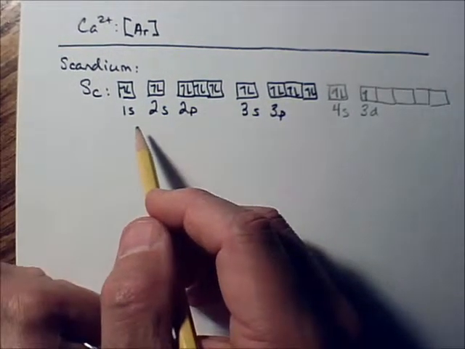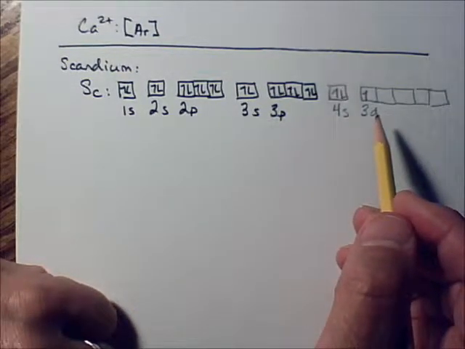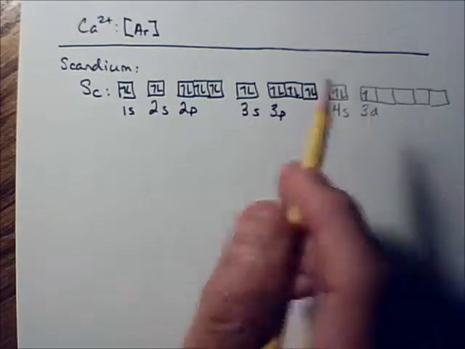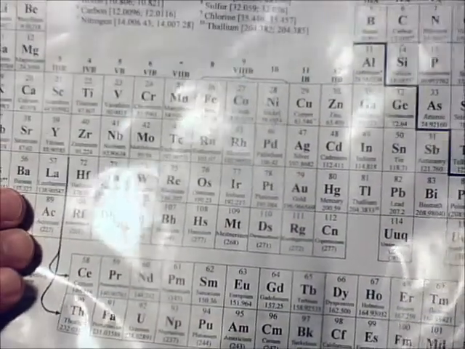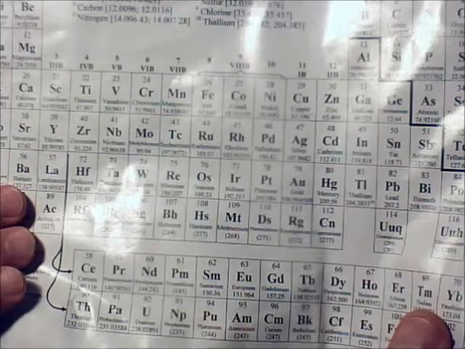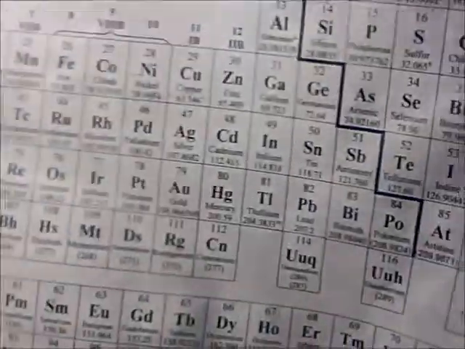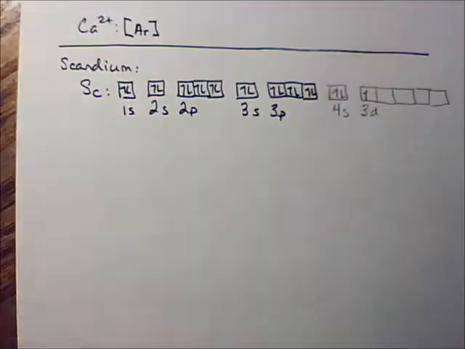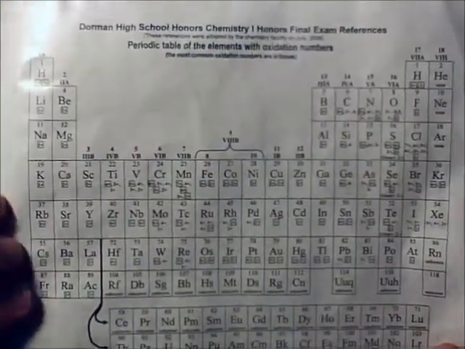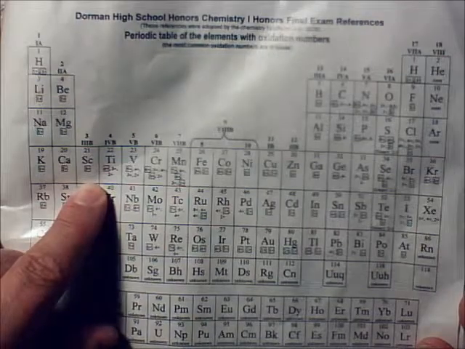Now, that's the orbital notation. When you get into the transition metal section, some strange things happen about the oxidation numbers, and that's the numbers you get when you take off or add electrons. Okay? So I want you to flip back to the periodic table that has oxidation numbers. Now scandium has a 3+ charge.